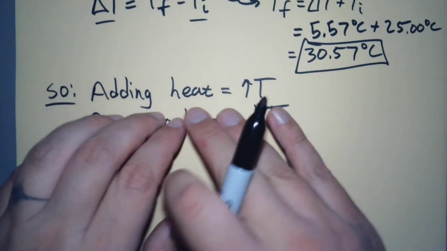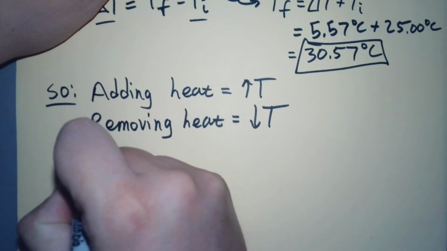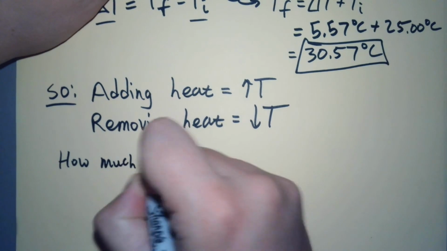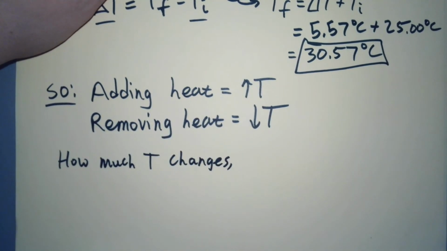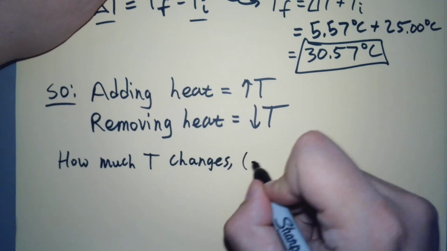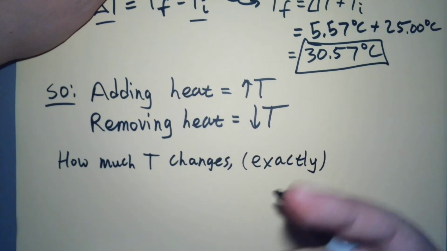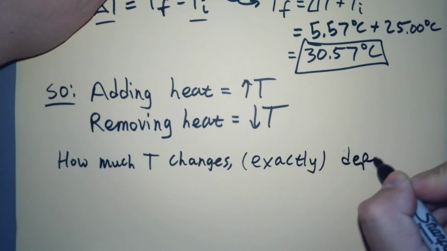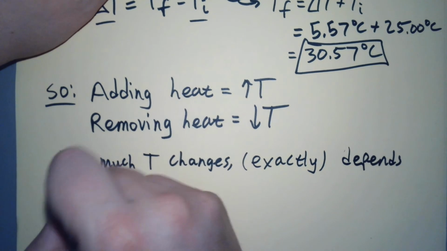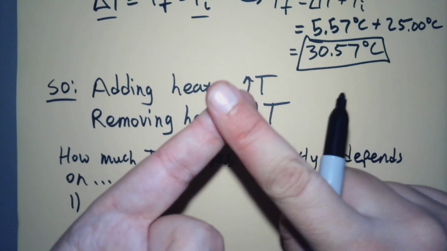Now, how much? This is a general term. But how much temperature changes? If we're going to talk about this more exactly, it's going to depend on two things. One, what it is.